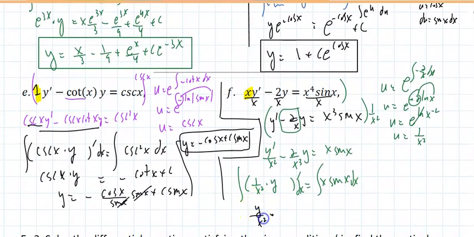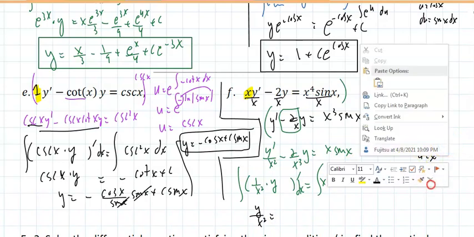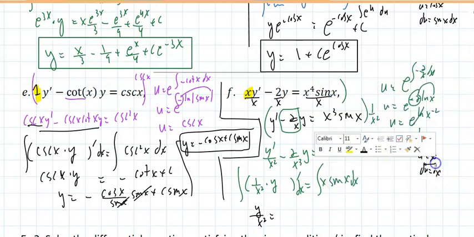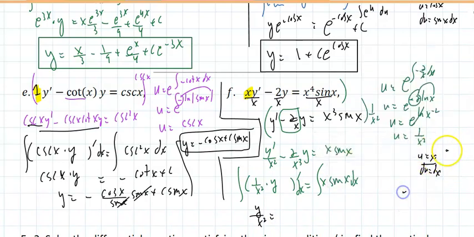y over x squared equal, and here, if I let u equal x, du will be dx. Oh, lovely. And dv will be the sine of x dx.